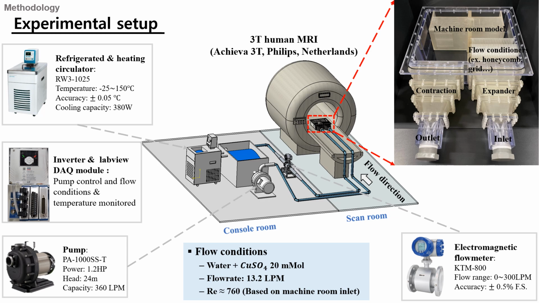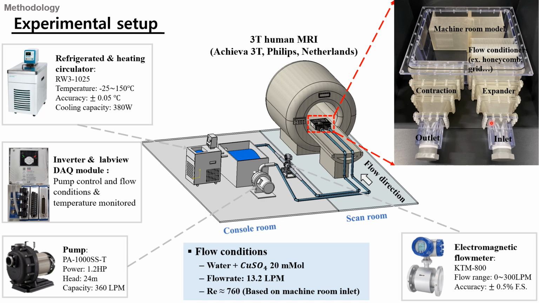Next, I will briefly explain our experimental setup. As you can see in this picture, we have a closed loop circuit, including a pump, an electromagnetic flow meter, a refrigerated and heating circulator, and some data acquisition instruments. For this experiment, we used a phantom, which is a reservoir with a half-scale machine room model placed inside the MRI scanner.